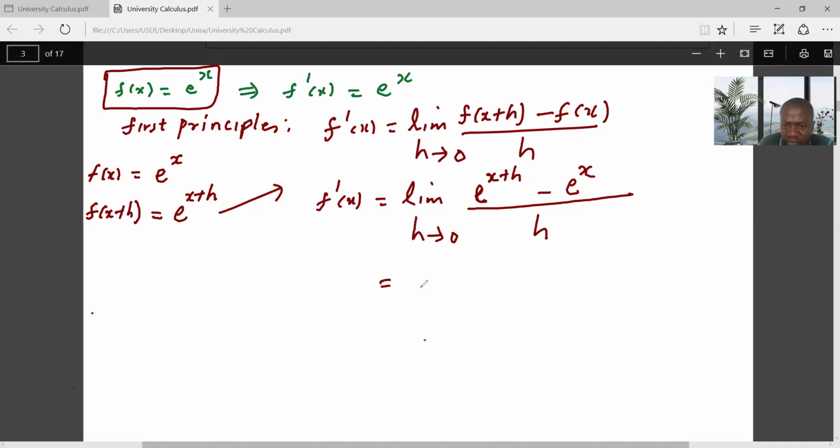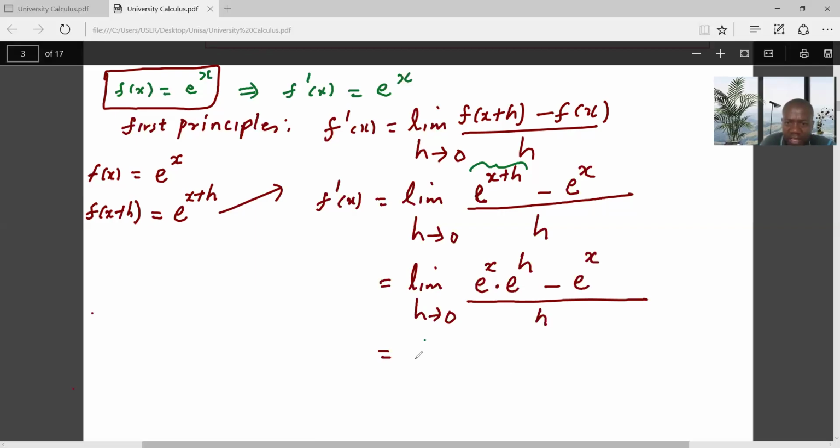And according to the laws of exponents, this expression can be written in the form of e to the exponent of x times e to the exponent of h, minus e to the exponent of x, all over h.